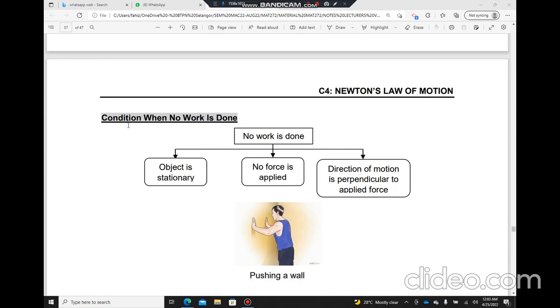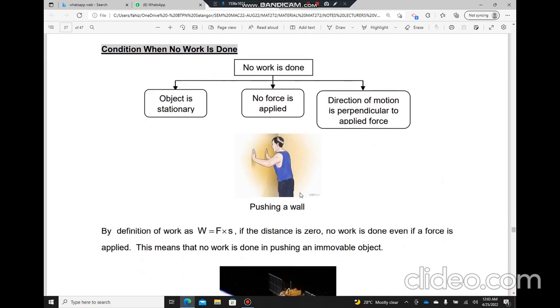Okay, so this one condition when no work is done. No work is done bila objek is stationary, maknanya dia tak melakukan kerja. Bila objek tu pegun, objek is stationary, ataupun no force is applied, and then another one direction of motion is perpendicular to applied force. Okay, for example this one, pushing a wall. By definition of work, W equals to Fs.